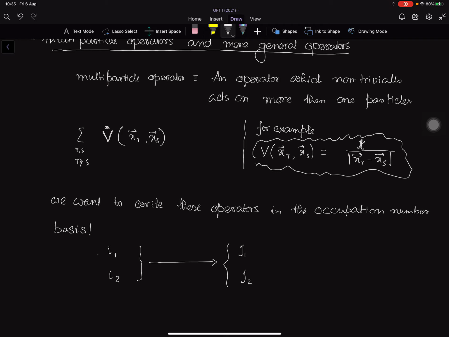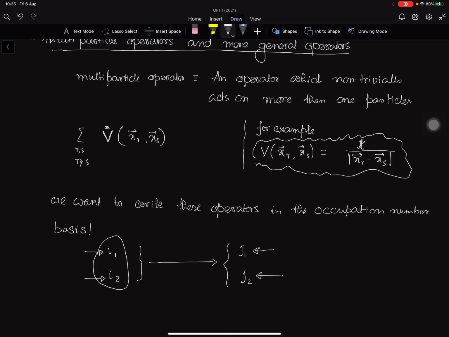So this is the state of the first particle, this is the state of the second particle, and when it acts on that, it gives me the state J1 for the first particle and J2 for the second particle.